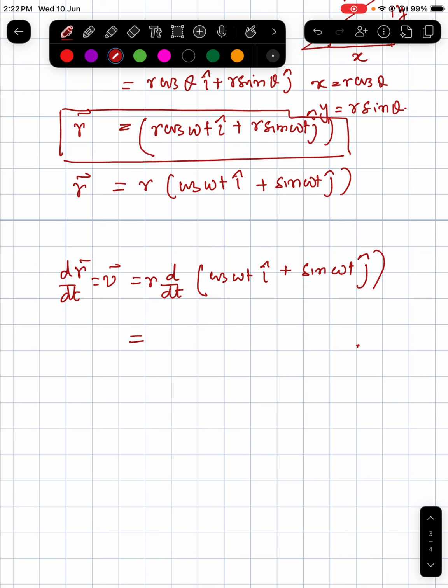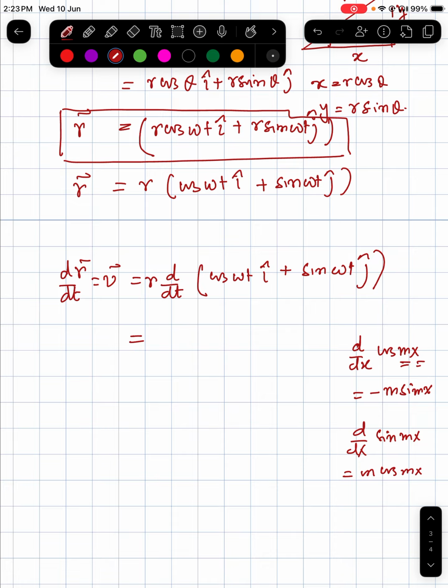We know that d/dx of cos mx equals minus m sin mx, and d/dx of sin mx equals m cos mx. So I am using that fact. Here m is omega and x is t.